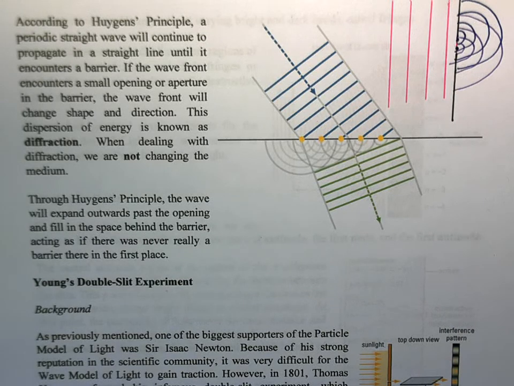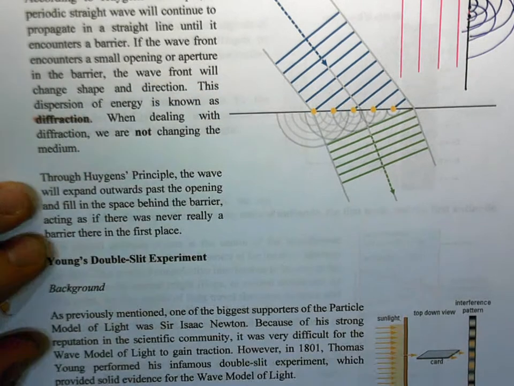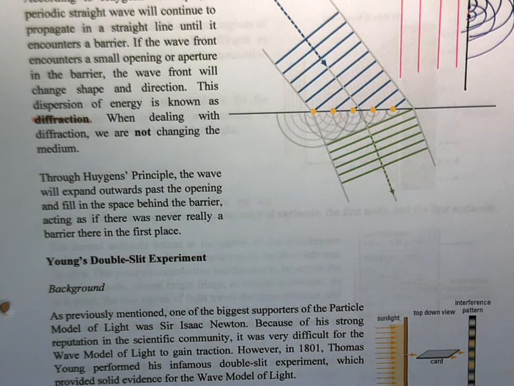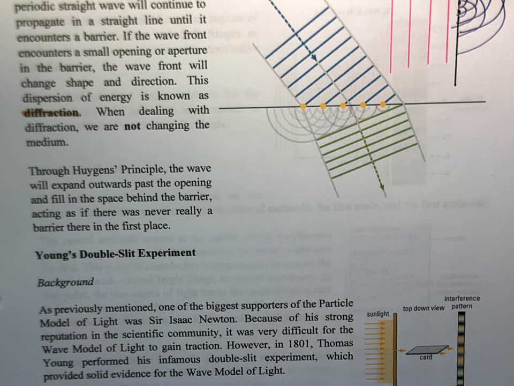This idea of having light or any type of wave passing through a barrier and then changing shape and direction, or rather we can call this dispersion of energy, is what is known as diffraction, and this is the last real big thing that we want to look at in this unit. So we are going to start to look at the diffraction of light.